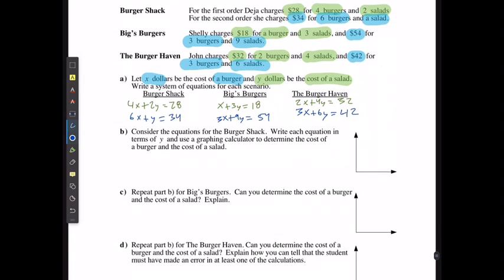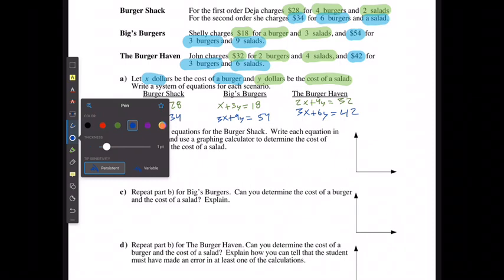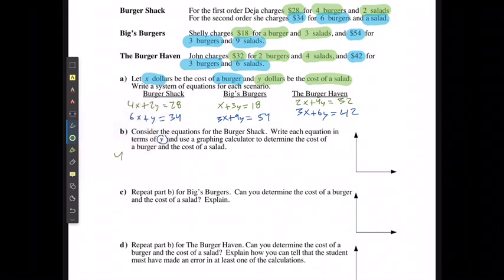Now, if I'm just looking at the first case, Dea's Burger Shack, we can write the equations in terms of y and then graph them on our graphing calculator to find where they intersect. So I'm going to take my first equation: if 4x plus 2y is equal to 28, then 2y is going to equal negative 4x plus 28, or y is going to equal negative 2x plus 14.